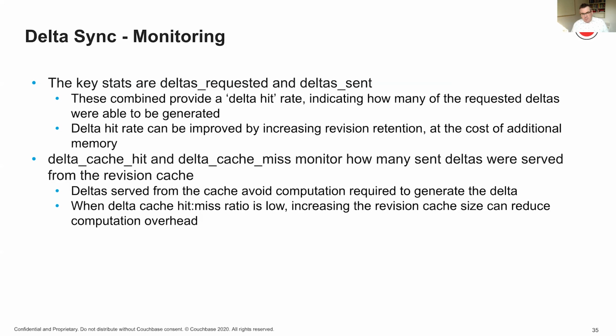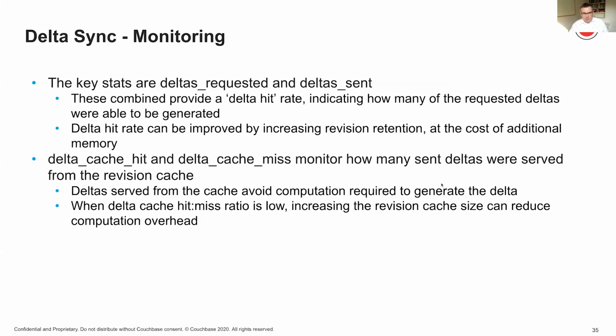And so deltas served from the cache avoid that processing overhead associated with generating the delta. If you're seeing a very low delta cache hit to miss ratio, what that means is you may want to increase your revision cache size such that a delta that does get generated remains resident in the cache long enough for multiple users to request it.